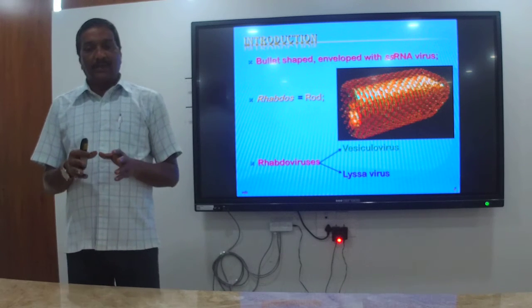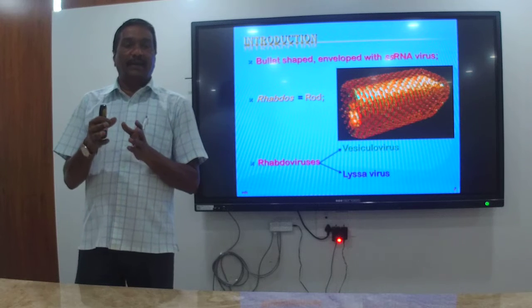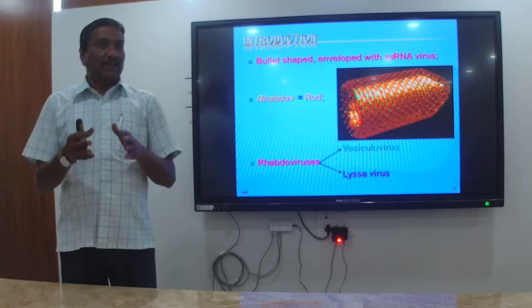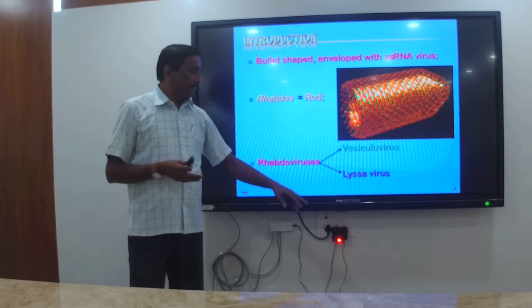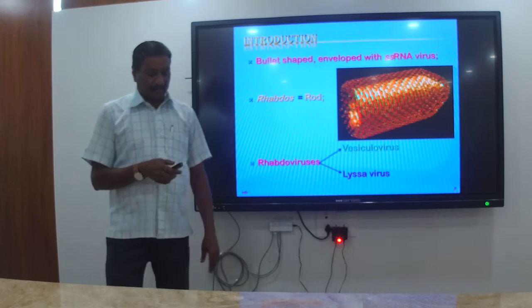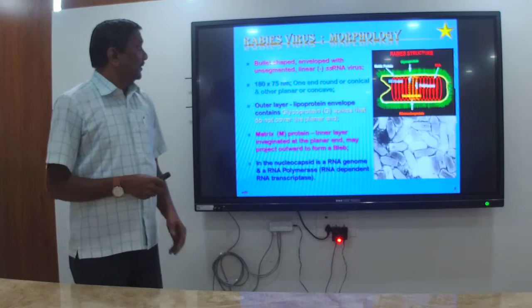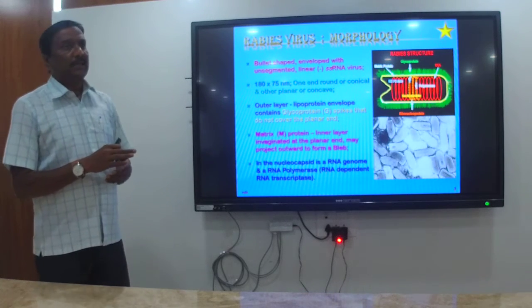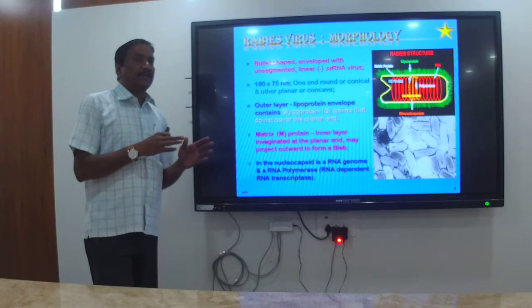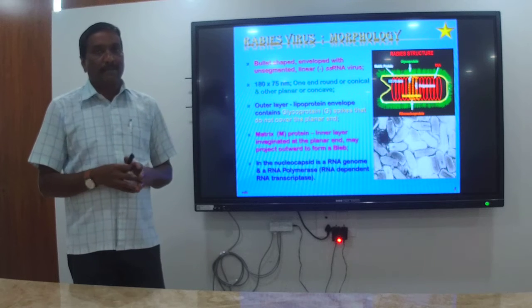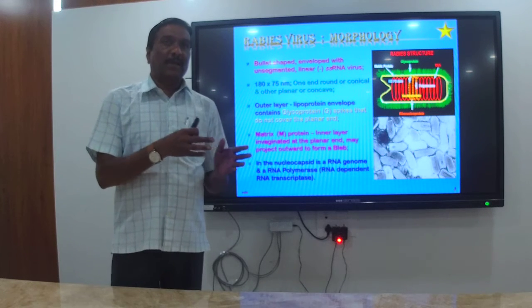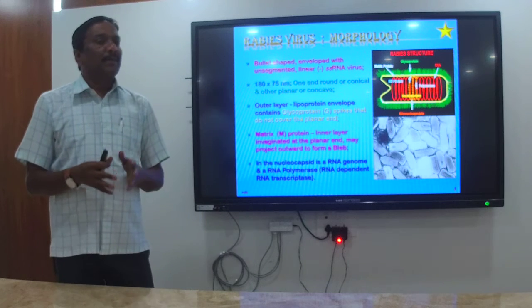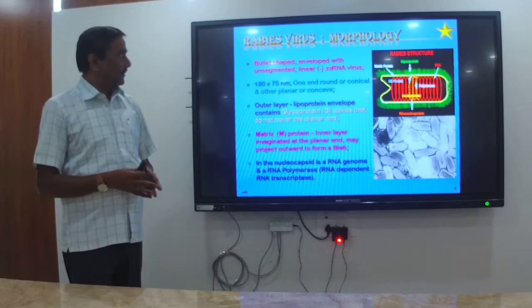This virus belongs to the Rhabdoviridae family, which is classified into two genera, vesiculoviruses and the Lyssaviruses. In vesiculoviruses, we are not going to go into the details of vesicular stomatitis virus, but definitely the Lyssavirus, which consists of rabies and rabies related viruses, we are going to see the details.